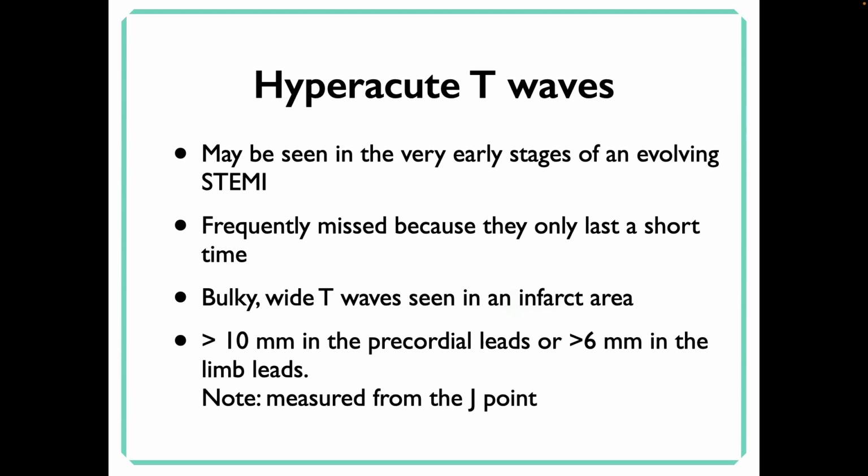But this is the one we will start with: we think of hyperacute T waves if they are greater than 10 millimeters, 2 large boxes, in the V leads, or greater than 6 in the limb leads. And I will tell you now those numbers are a little arbitrary, like all these kinds of numbers are. Not measured from the isoelectric line, but from the J point. And you'll see what I mean when we look at a picture.